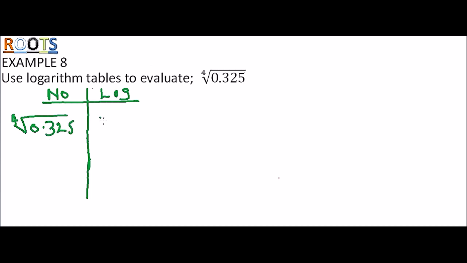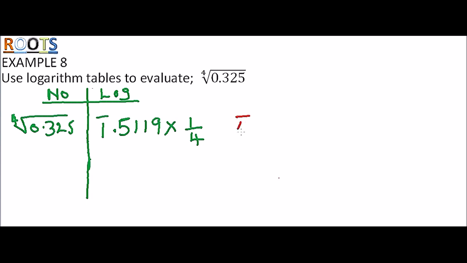The logarithm will be bar 1 point 5119 multiplied by 1 over 4 because we are looking for the fourth root.